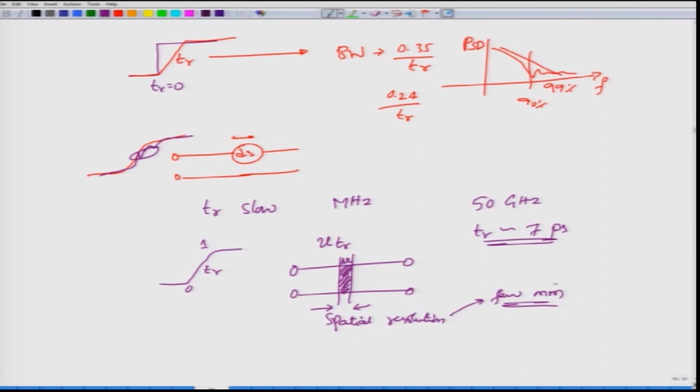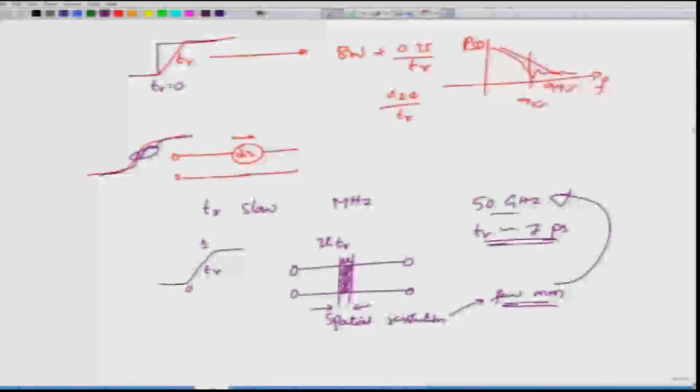The reason being, you need to support a very high bandwidth. So the electronics that needs to support the very high bandwidths required by a TDR scope will also grow that much more expensive. Okay, so modern TDRs have TRs less than 10 picoseconds and correspondingly large bandwidth and excellent spatial resolution.